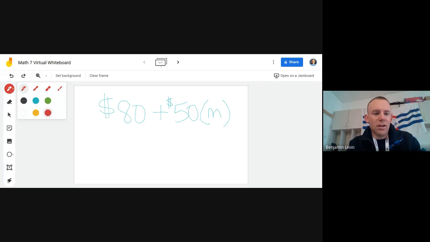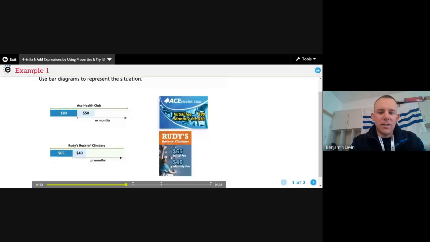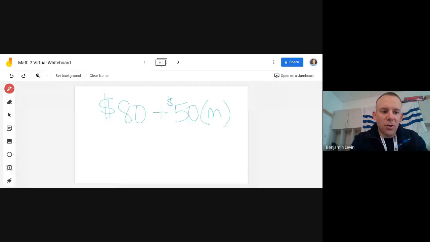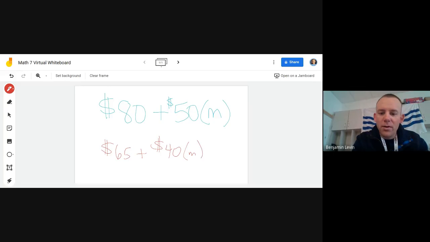All right, so the rock climbing facility was a $65 initial fee and a $40 a month fee. So the rock climbing facility would be 65 plus 40 times the number of months, or M, right?